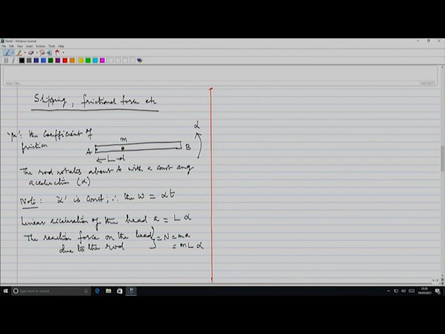And we have taken the angular velocity to be alpha times t.